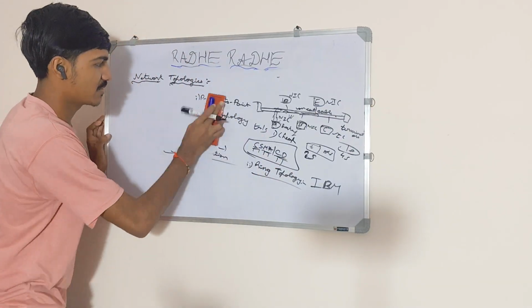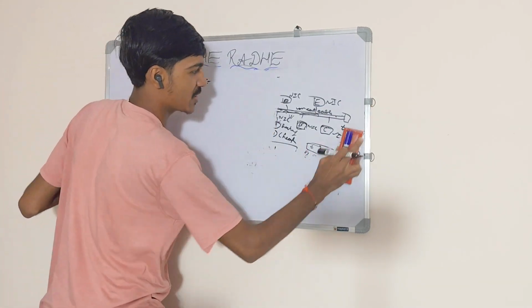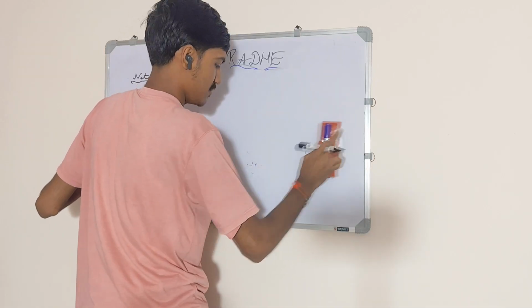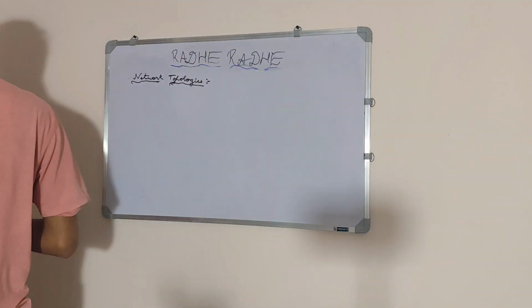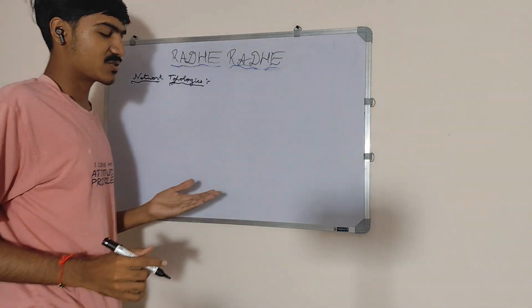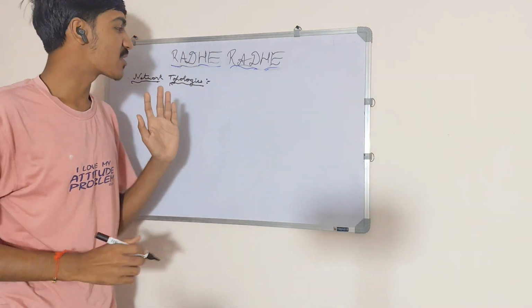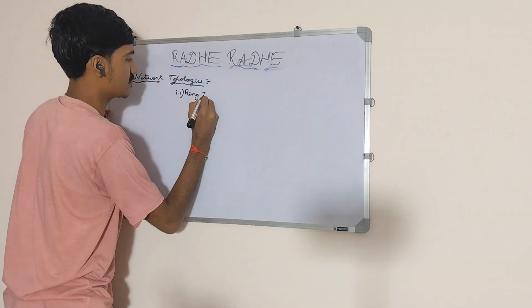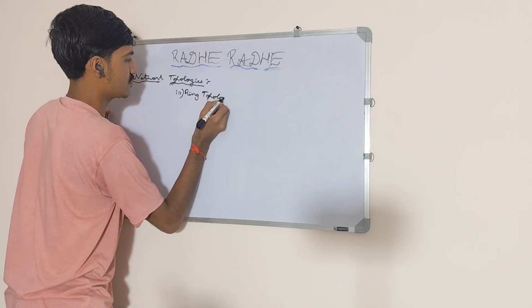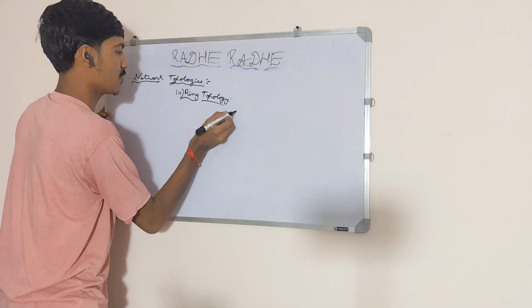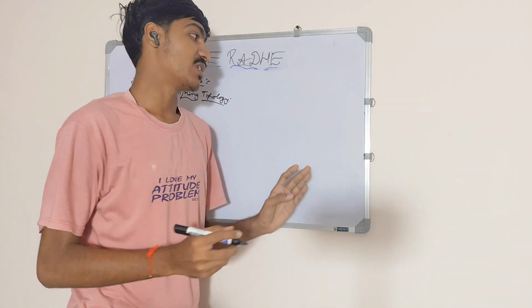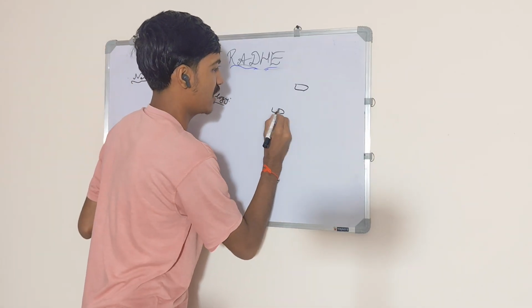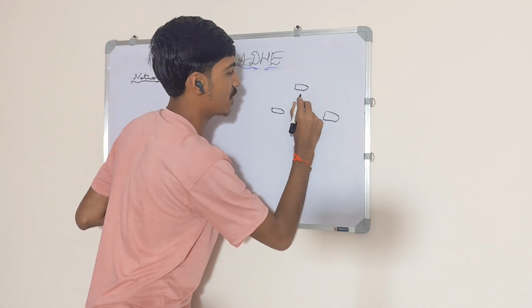Let me explain how it beats this. You understood point to point, you understood bus topology, now you are going to understand ring topology. Here devices are arranged in the form of a ring.